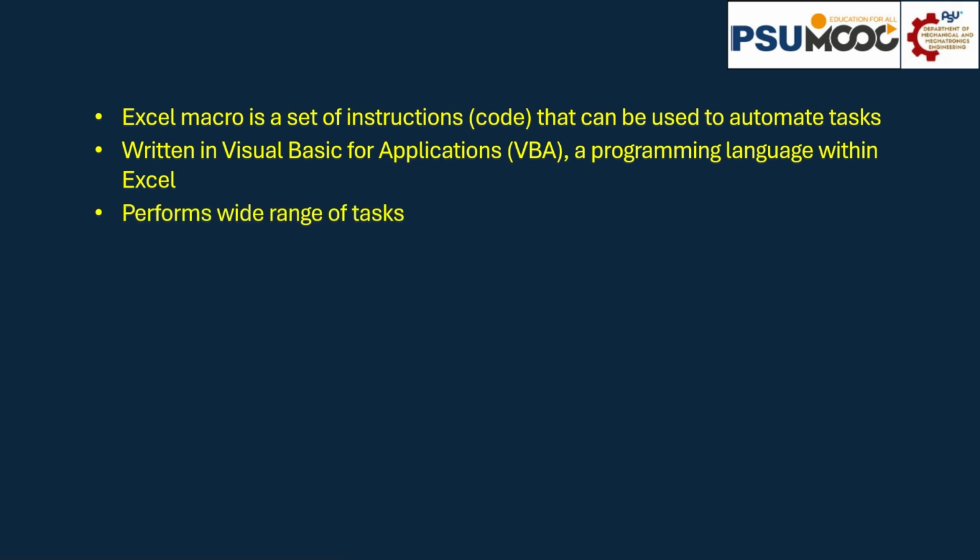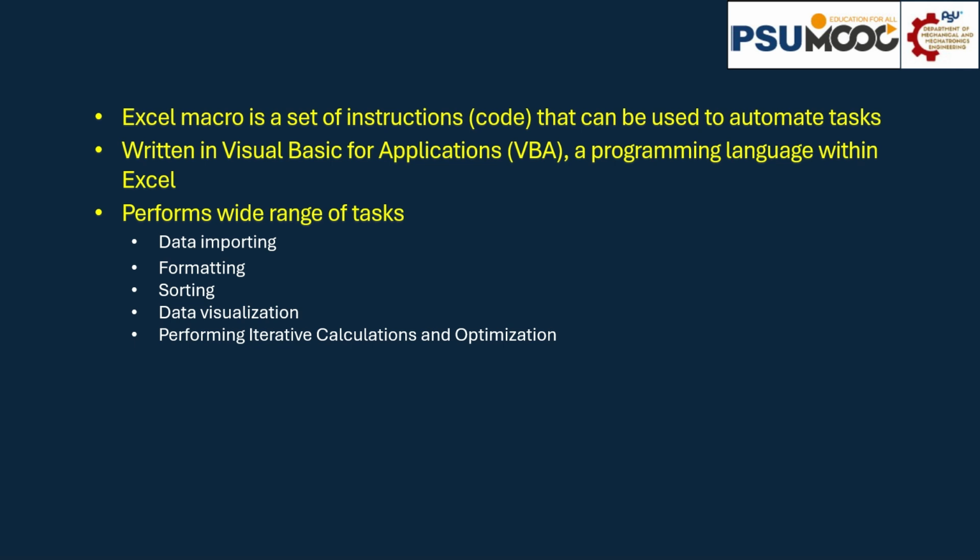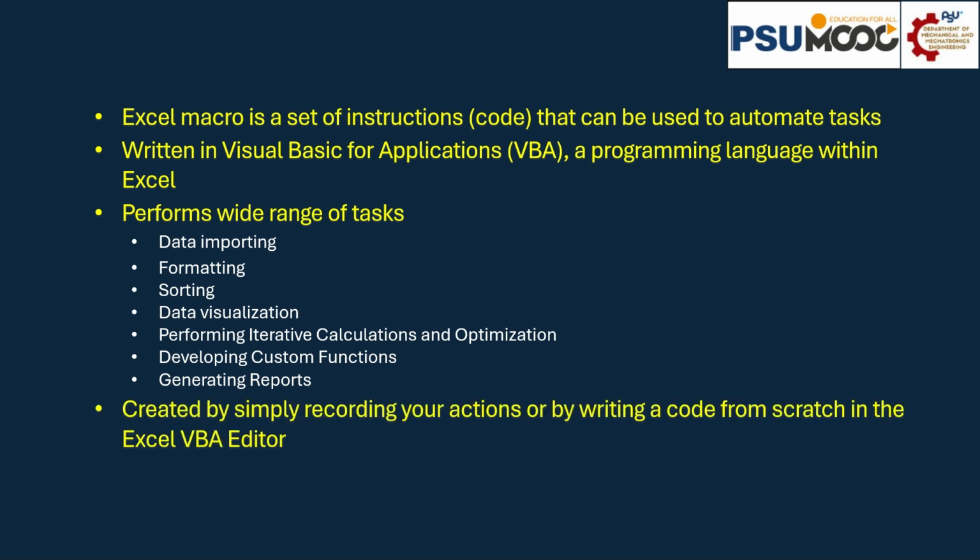Macros can be used for a wide range of tasks, including but not limited to data importing, formatting, sorting, data visualization, performing iterative calculations and optimization, developing custom functions, and generating reports. Macros can be created by simply recording your actions using the macro record feature or by writing code from scratch in the Excel VBA editor.